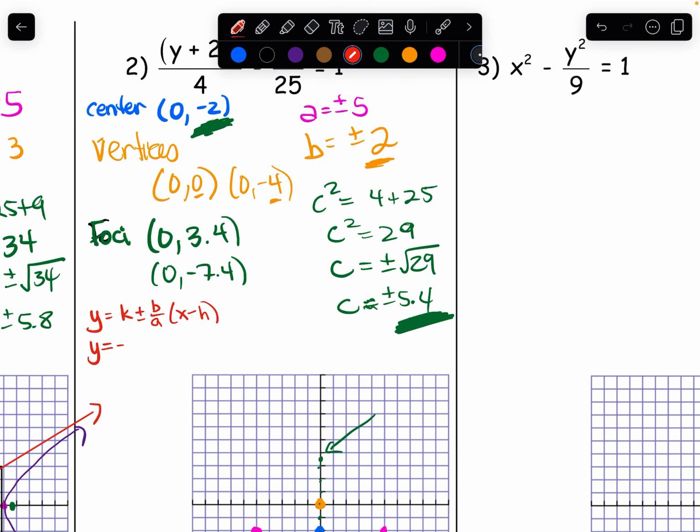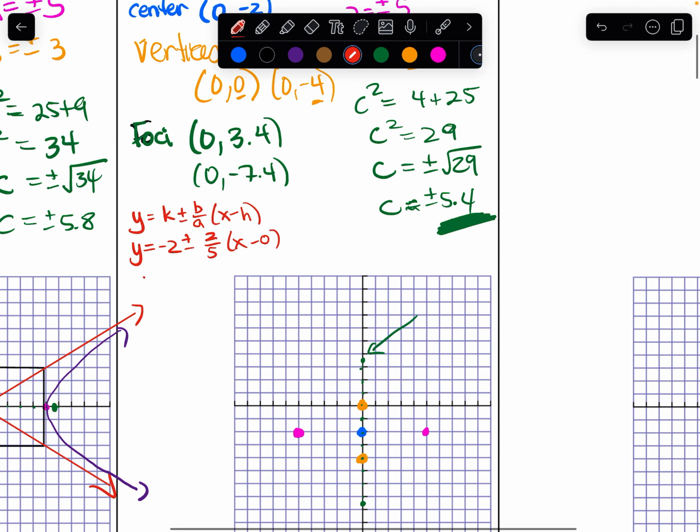So y equals -2, and then I have b over a, so 2 over 5 x, and then my x value is 0. So I have y equals -2 plus or minus 2/5 x. And those are your asymptotes.